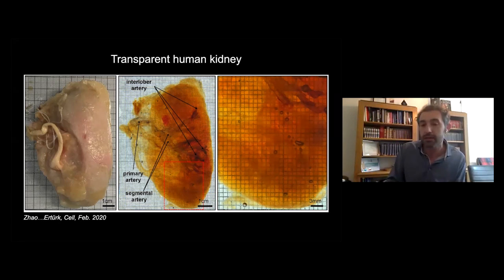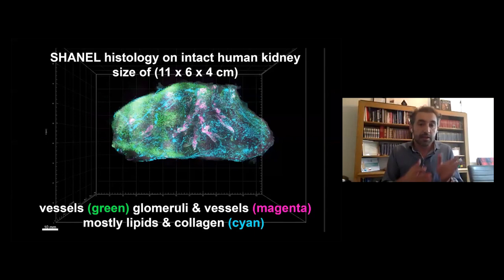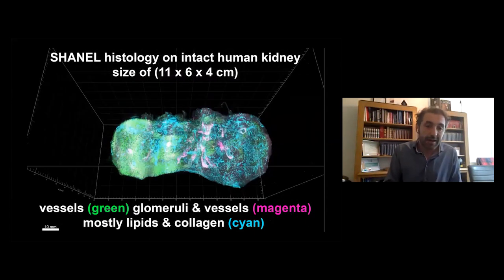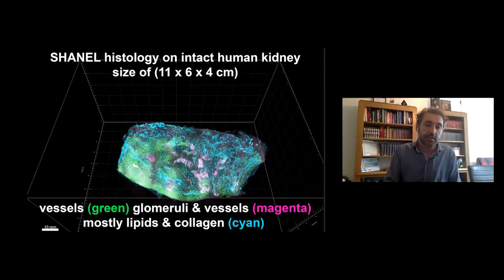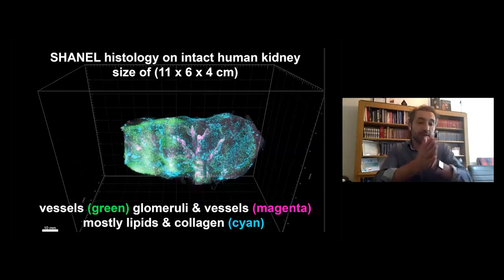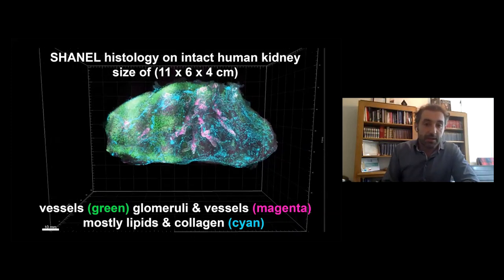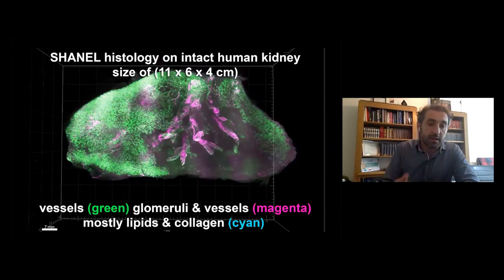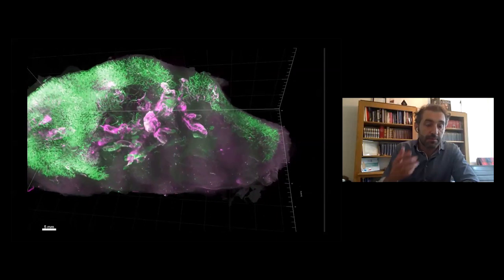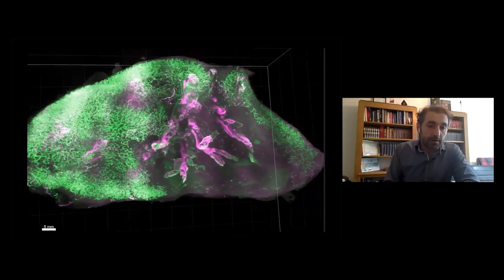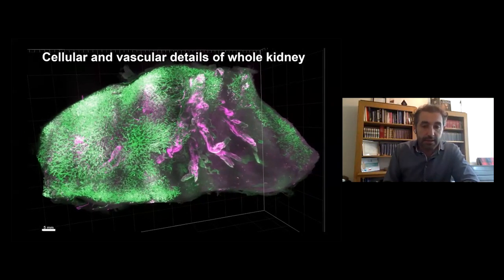For example, here we have a kidney from a 92-year-old person, a post-mortem donation. We can make this kidney transparent again using CLARITY technology, and then use the laser scanning light sheet microscopes and look at the details. You can see here tiny capillaries in green, and in magenta the glomeruli. You see on the left-hand side there are a lot of these capillaries, as expected, but on the right-hand side there is this gap.